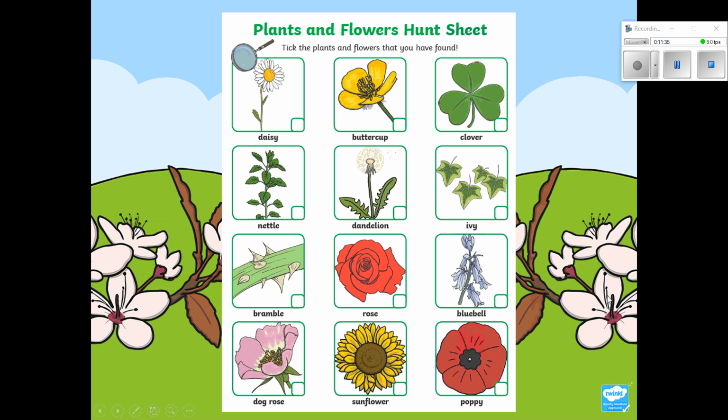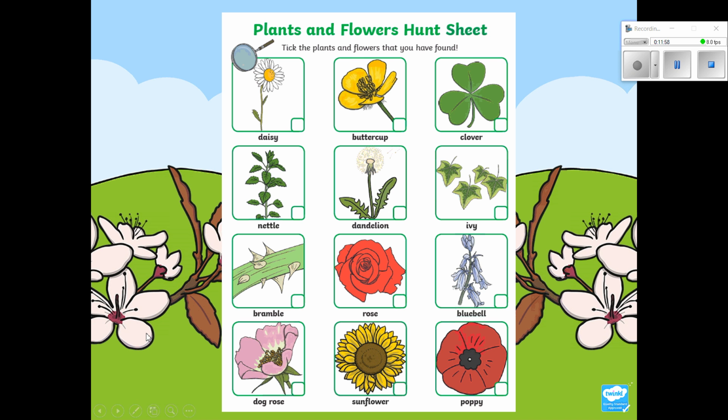And I would like you to go into your garden, or if you're going on a walk somewhere today, I would like you to look and see if you can see any different types of flowers. You might see some flowers that are not on this list that you could take a photograph of. But if you see any flowers on this list, you could print it out and give it a tick to say that you have found them.